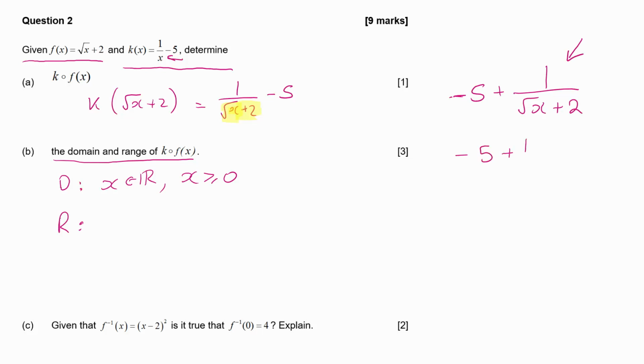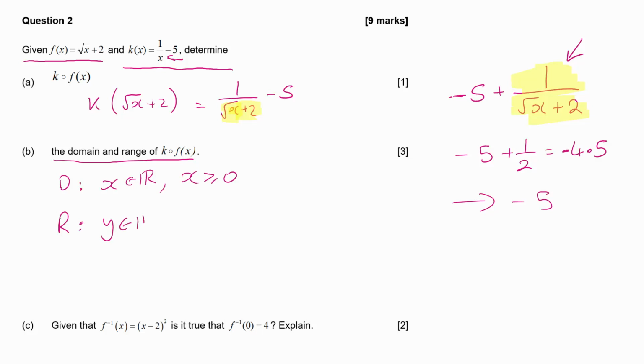So negative 5 plus a half, or negative 4.5, is the largest the function can possibly be. When x is very, very large, this part tends to 0, so the function will tend to negative 5.